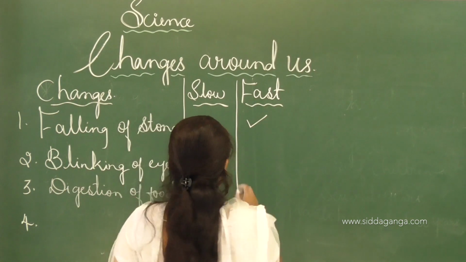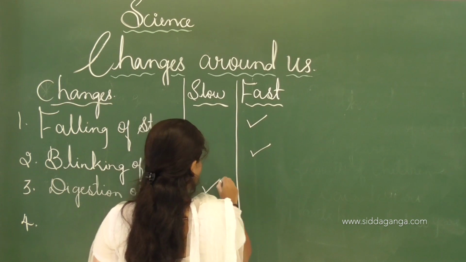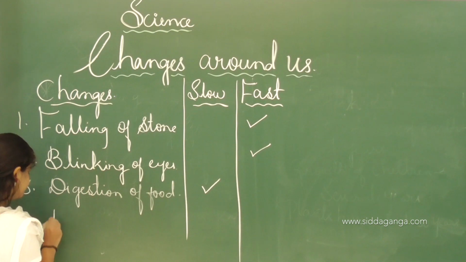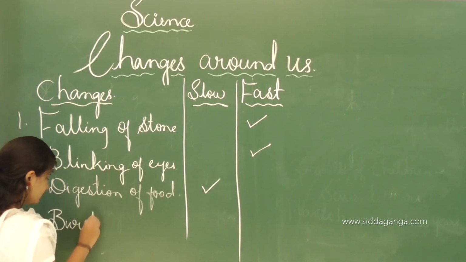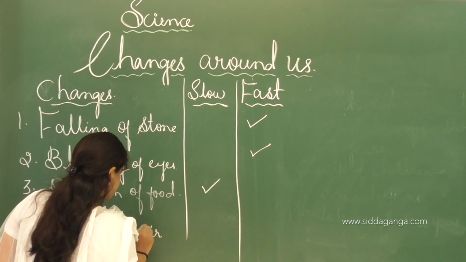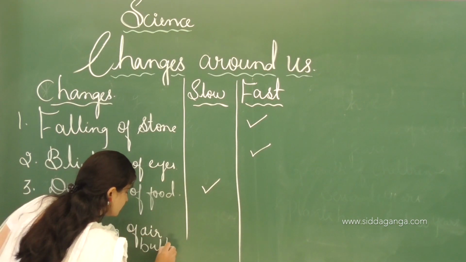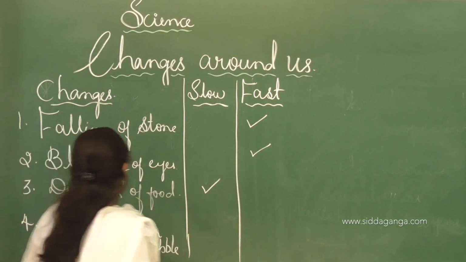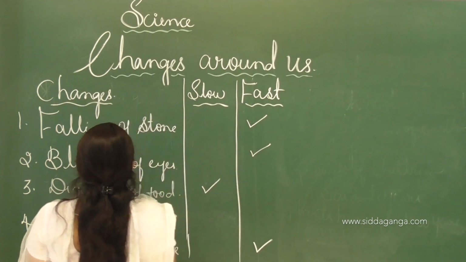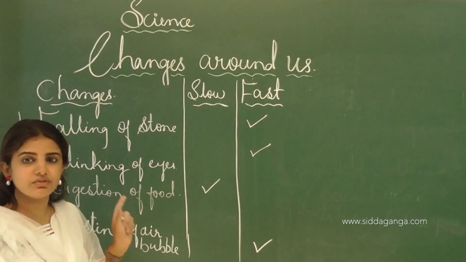Blinking of eyes is a very fast change and digestion of food is a slow change, and bursting of an air bubble is a fast change.